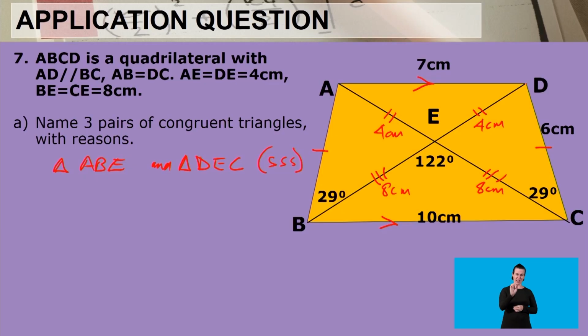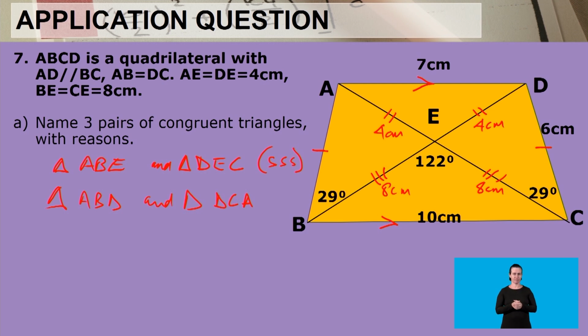Let's look at triangle ABD and triangle DCA. What do we notice about those 2 triangles?